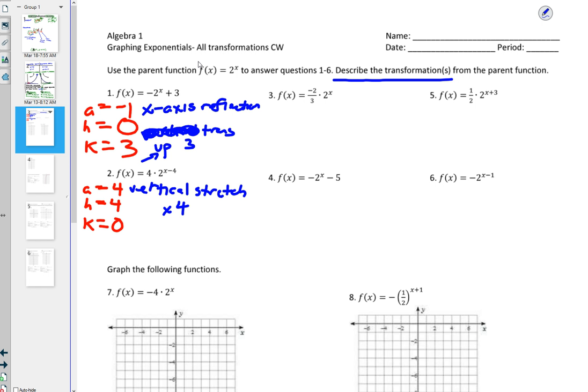A little extra times. Any other transformations? Good. Translate.